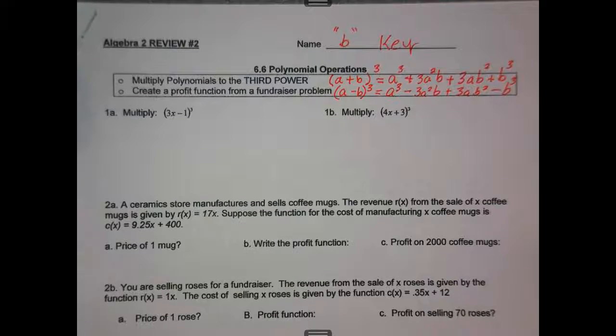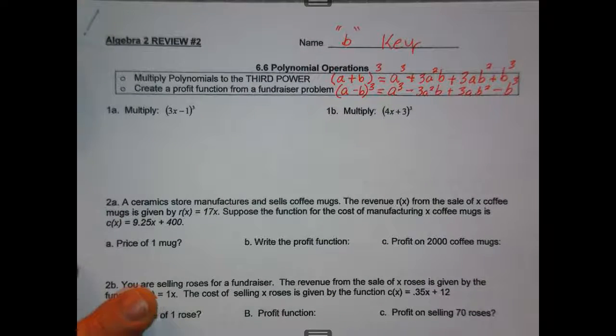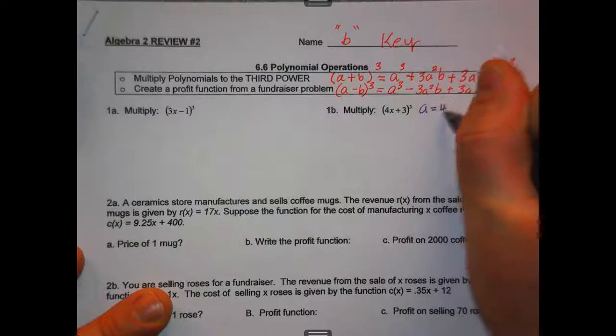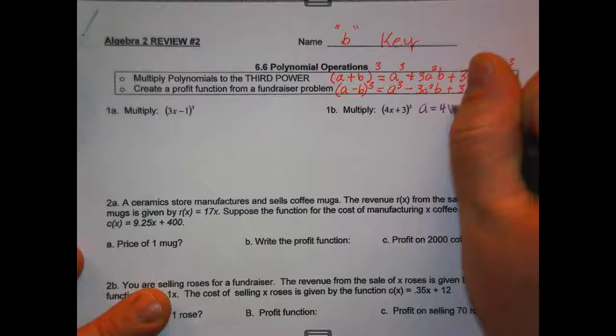All right, number 1b. What's my a? That's right, 4x. What's my b? 3.